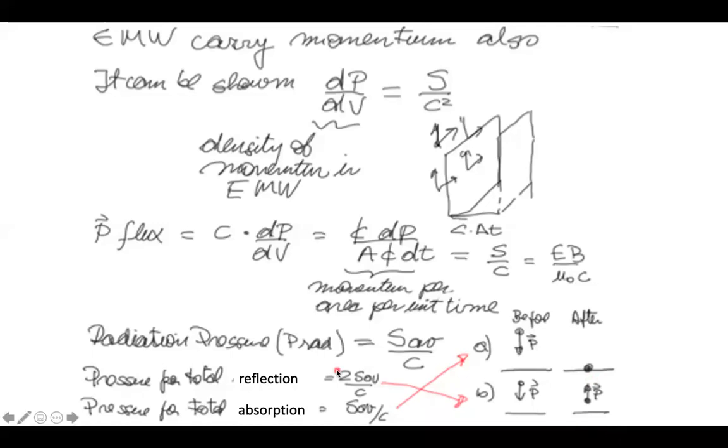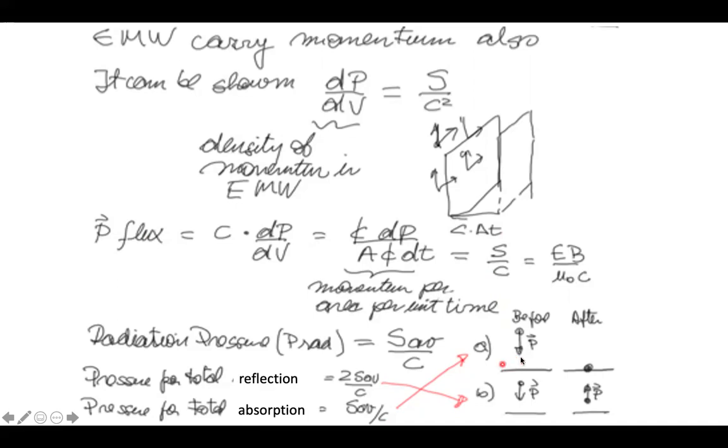For example, this term over here, the flux of momentum, if there is a flux of momentum that is totally absorbed, meaning this is the situation before and after it's totally absorbed, it means that the pressure you have to apply for the absorption of that momentum is equal to the flux of momentum, S over c. That is the pressure. If you actually calculate the units of this thing, it's essentially units of pressure, okay?